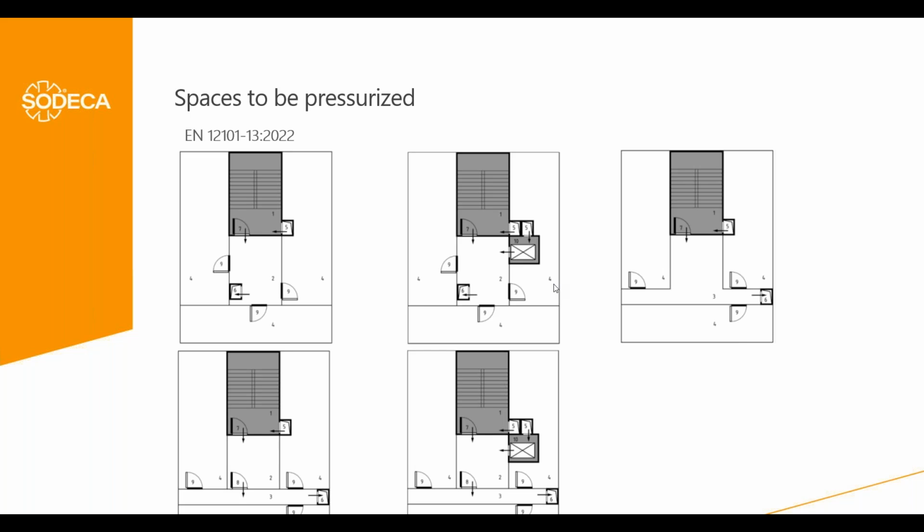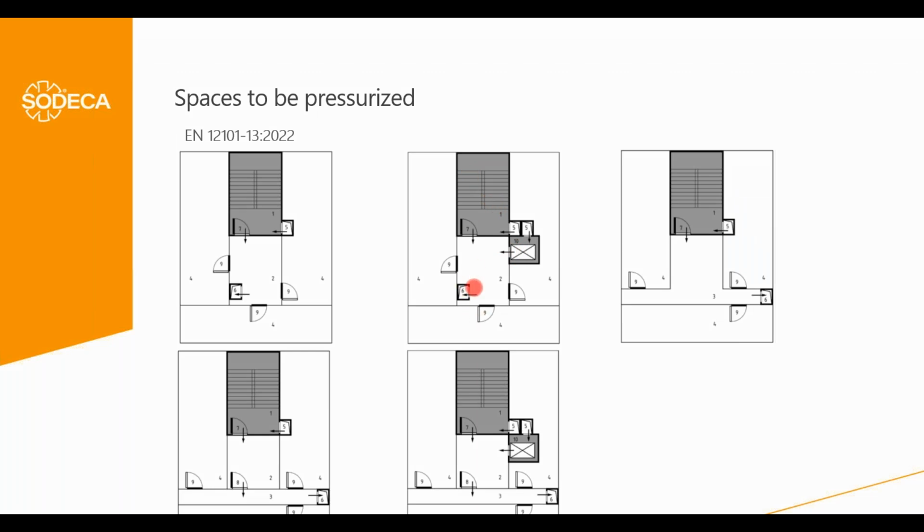We always need to pressurize the staircase, and it's the national regulation that has to say if the lobby has to be pressurized, or if the lift shaft has to be pressurized, or if both have to be pressurized. The standard, the new part 13, says if you have the staircase and the lift shaft pressurized, for instance, you have to consider this.